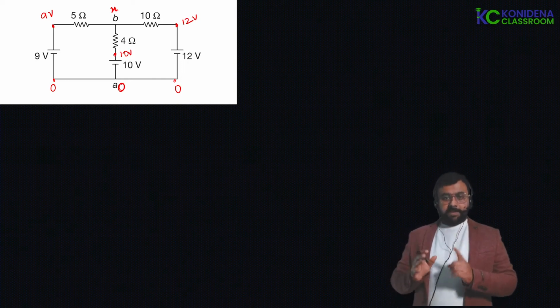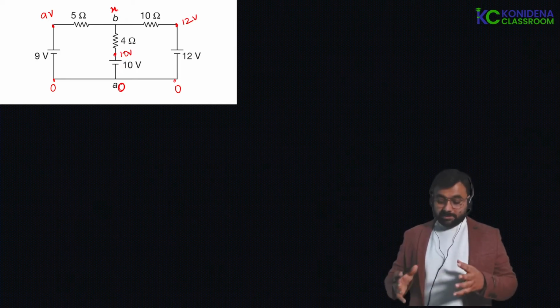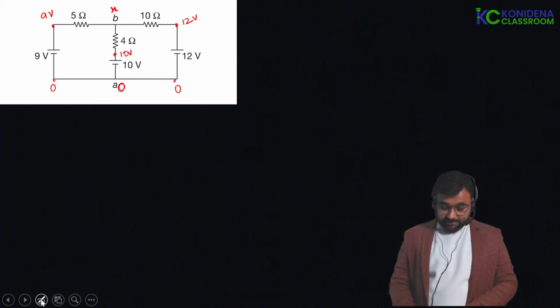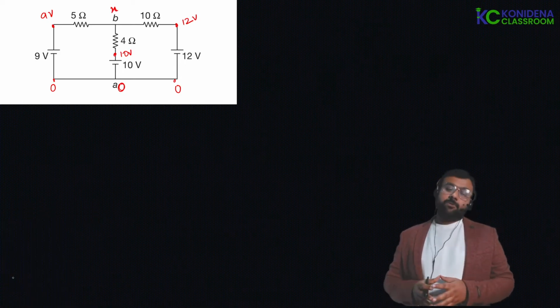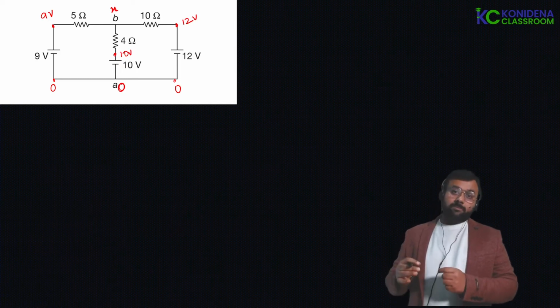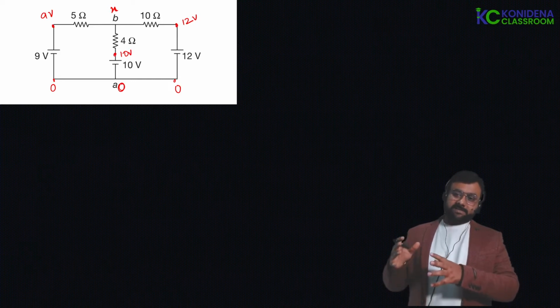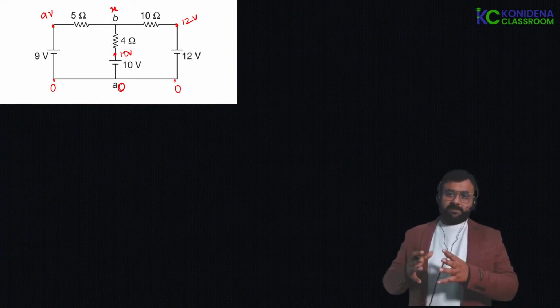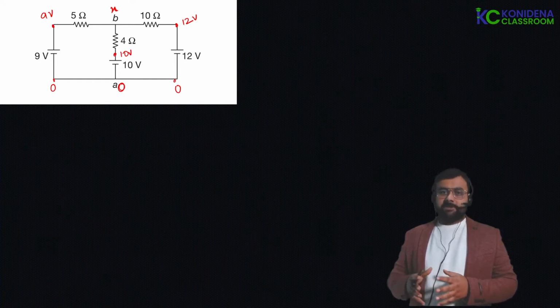Now the main point here is that we have to get the value of X. How to get the value of X? Let me tell you a shortcut method. Whenever we are interested in finding the value of X, we assume that X is at the highest potential. Don't worry if X is not the highest potential point; whatever value you calculate, you will get it in your calculation, right?